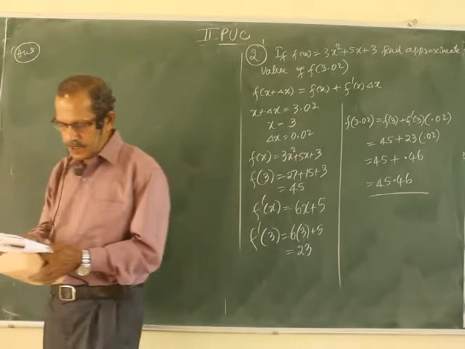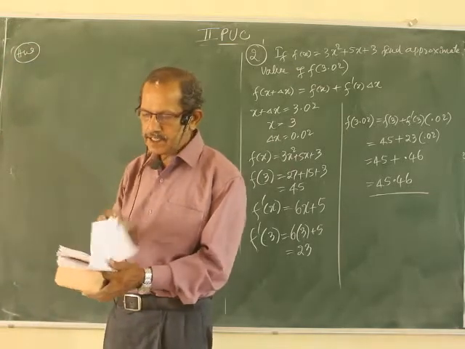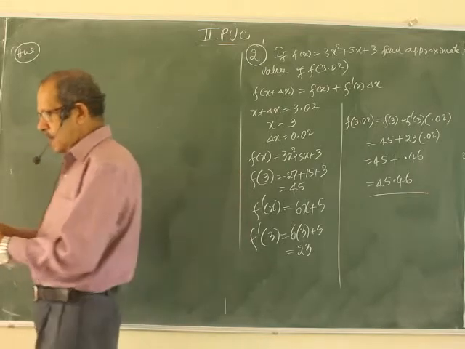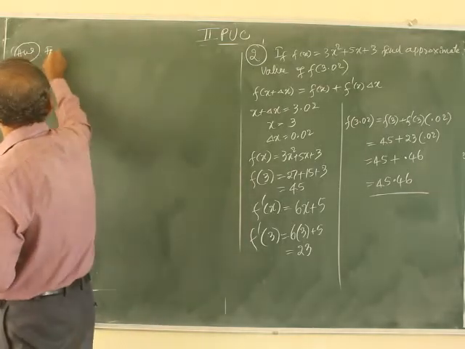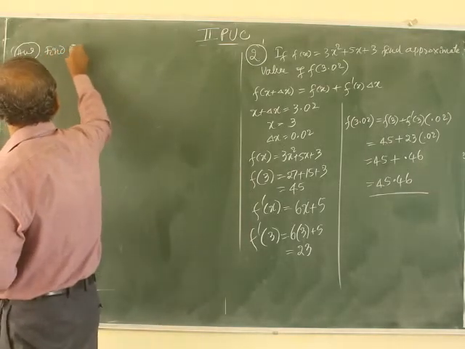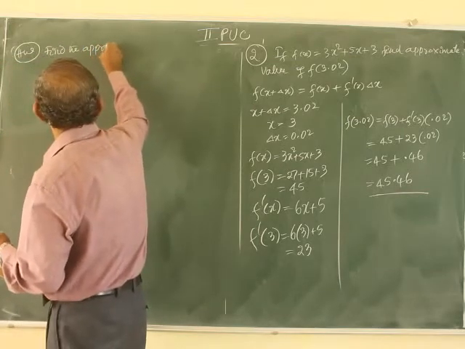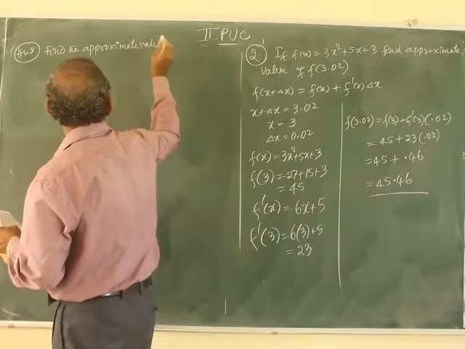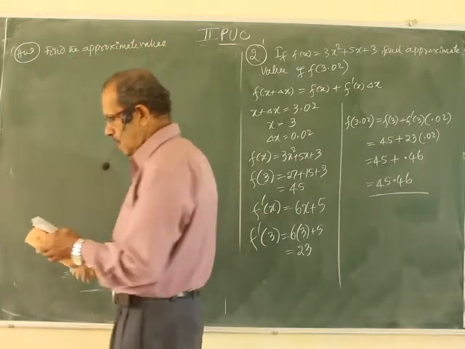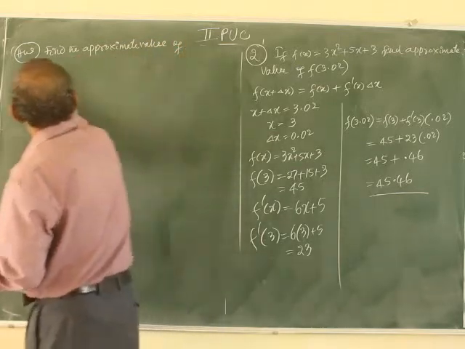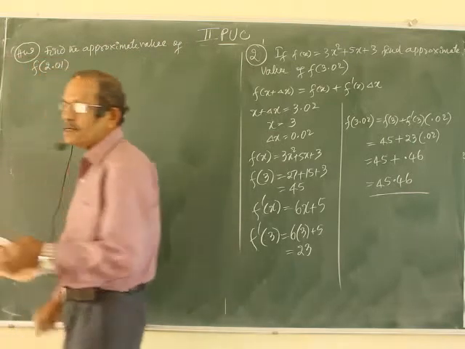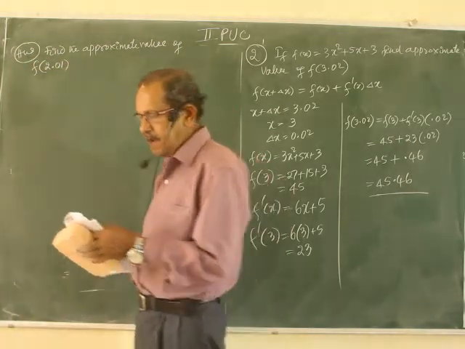Homework just for you to work out, just a similar problem. That is why better to leave it. Find the approximate value of f of 2.01. See, just similar to the previous one, so you can try.